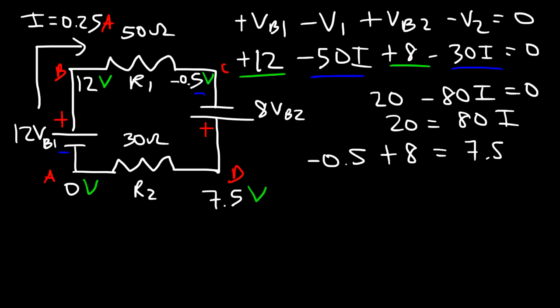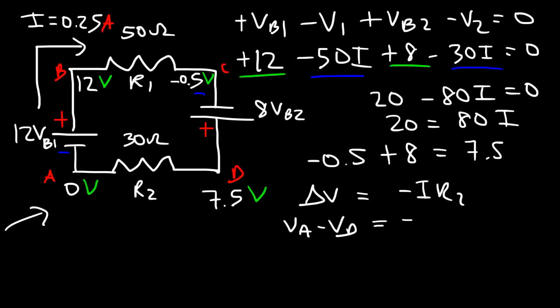Now let's confirm that A is indeed 0. So let's use this equation. The voltage drop across R2 is going to be I times R2. And so VA minus VD, because we're going from D to A, that's equal to this value. So VA is going to be VD minus IR2.